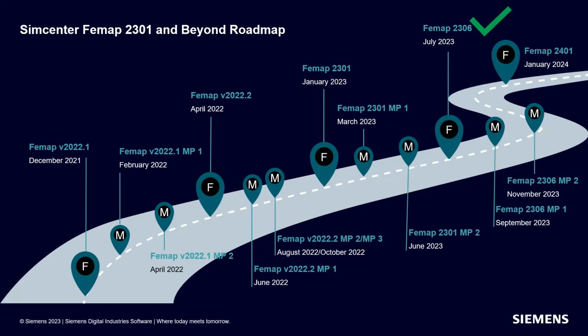Also, just in case you haven't visited a Femap webinar, you're not familiar, we're essentially on a 6-month release cycle. So we tend to do one bigger release a year and one smaller release a year. And then the maintenance packs, we don't do any UI or user interface work, I should say, during the maintenance packs, but we just fix bugs.